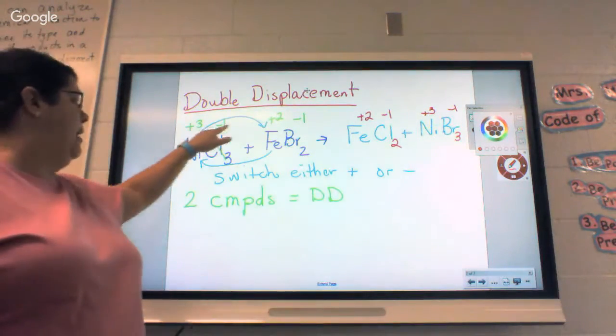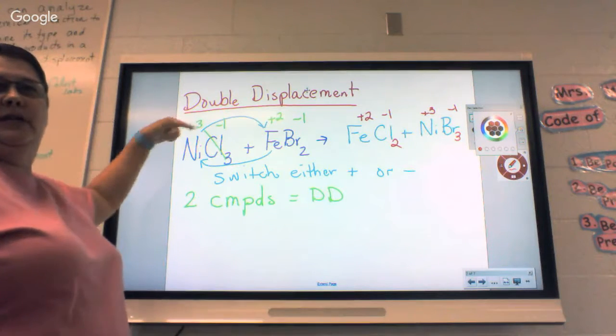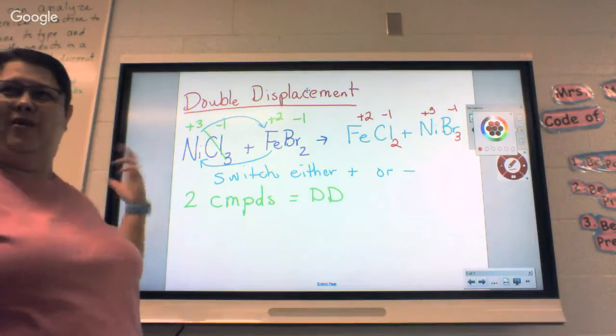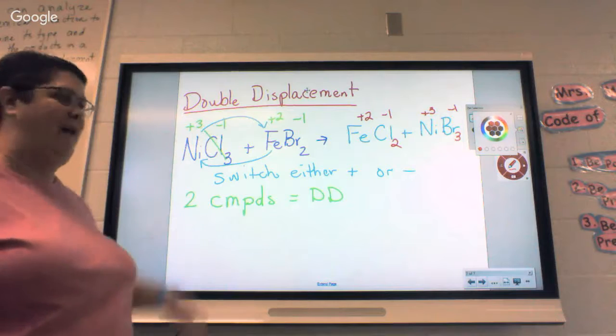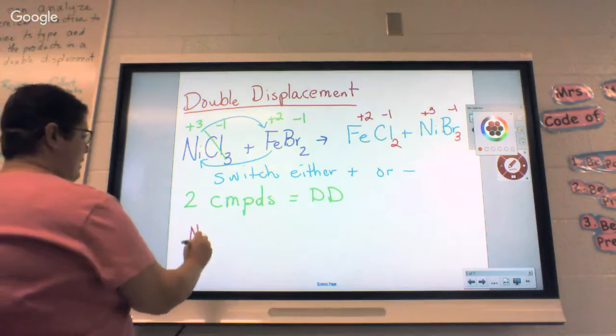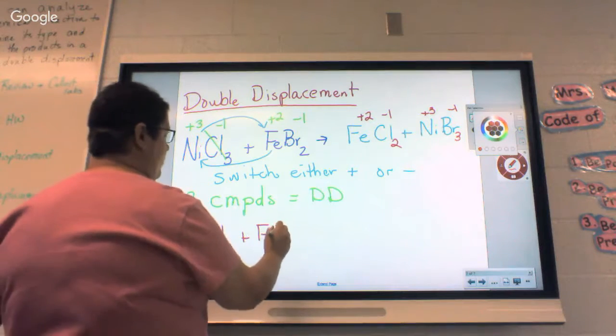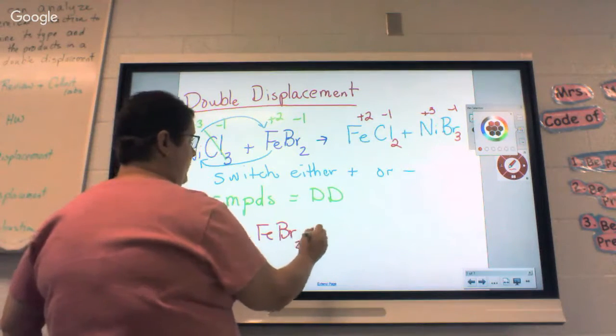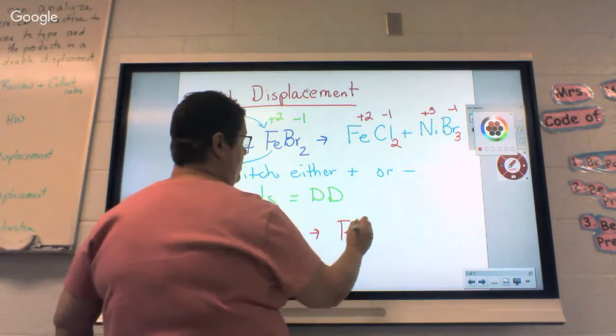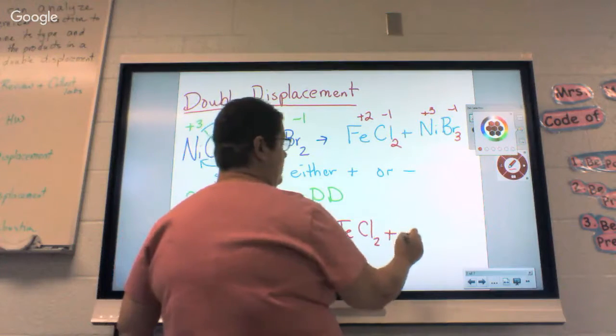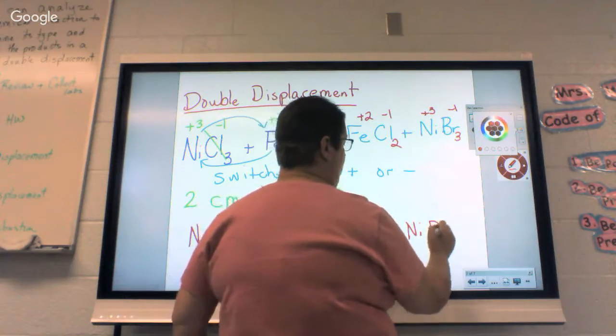That's one reason I tend to write my oxidation numbers at the top, because that way when I need them on the other side, where are they at? They're right there. They're easy to find. So NiCl3 plus FeBr2 goes to FeCl2 plus NiBr3.